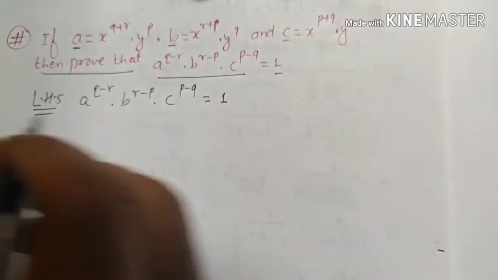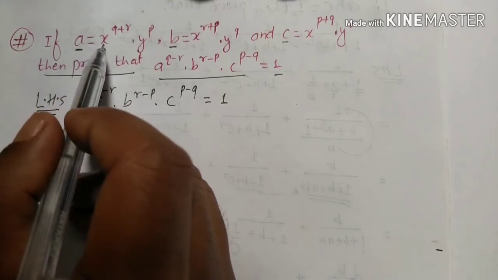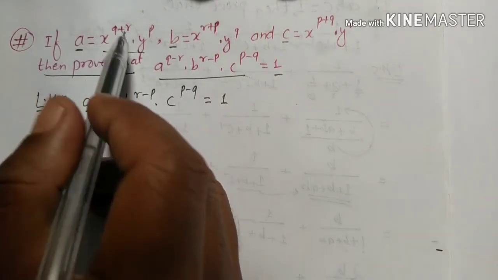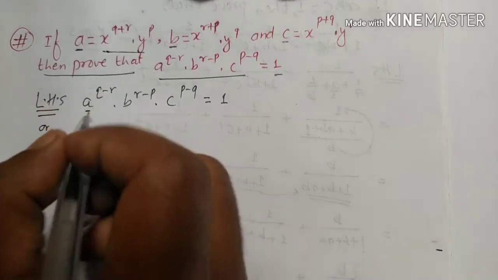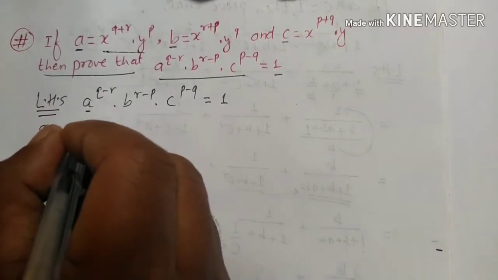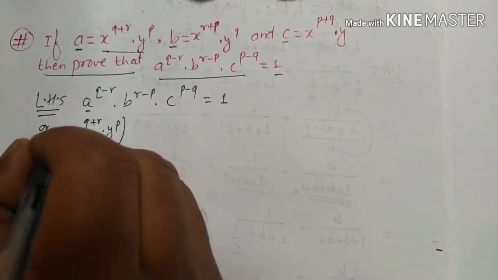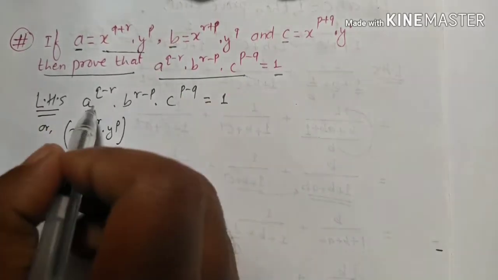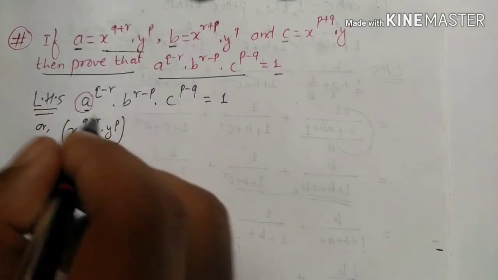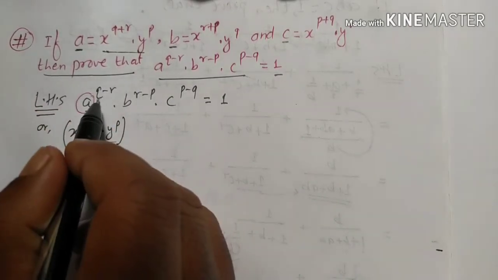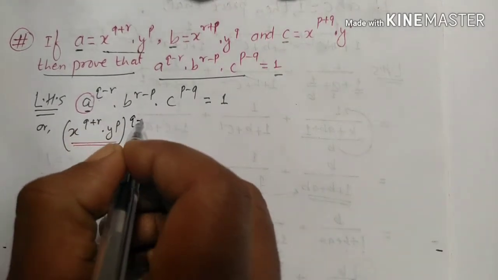Here you can see that in place of a you can write x power q plus r times y power p. So in place of this a you can write this term here, x power q plus r times y power p, and here is the power q minus r, so q minus r is this q minus r.